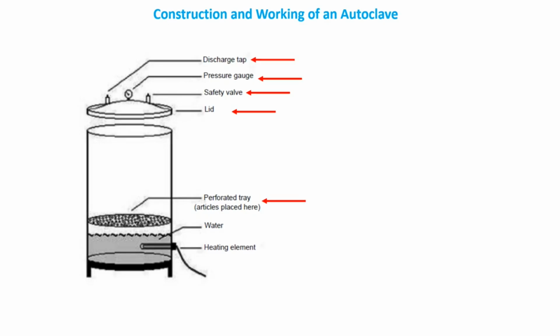At this pressure, the articles are held for 20 minutes, after which the heating is stopped and the autoclave is allowed to cool. Once the pressure gauge shows the pressure equal to that of the atmospheric pressure, the discharge tap is opened to let the air in. The lid is then opened and articles are then removed.